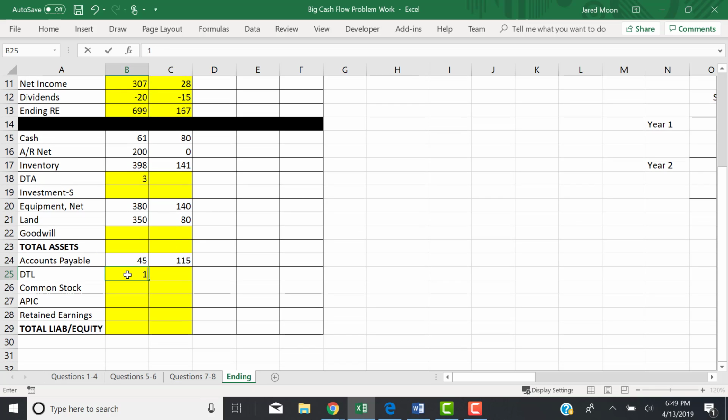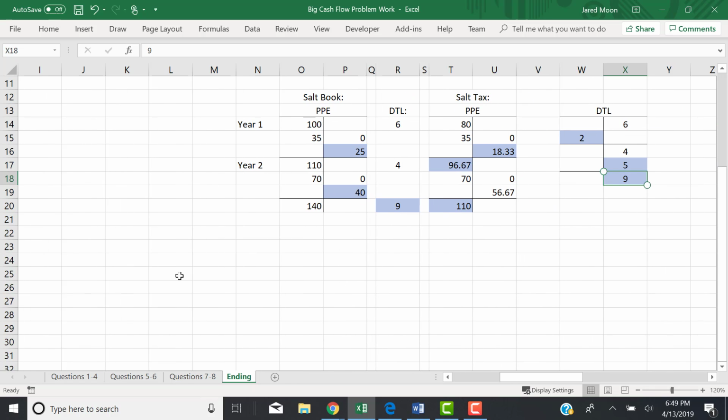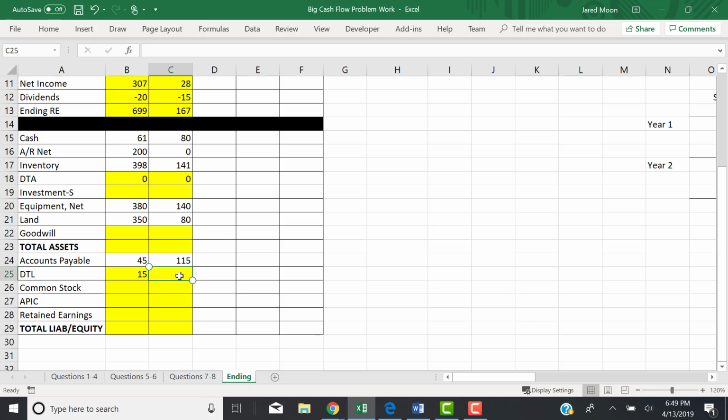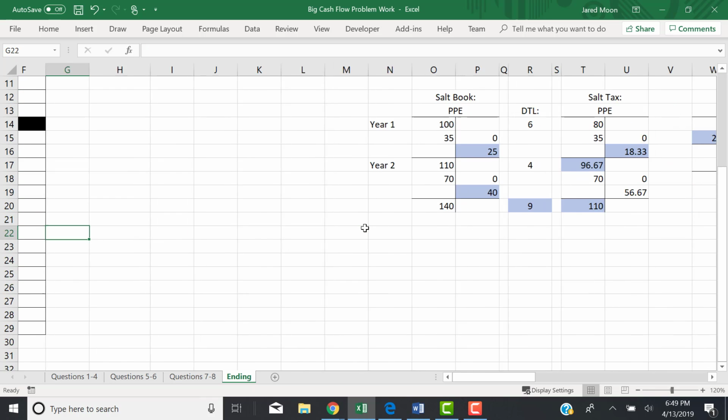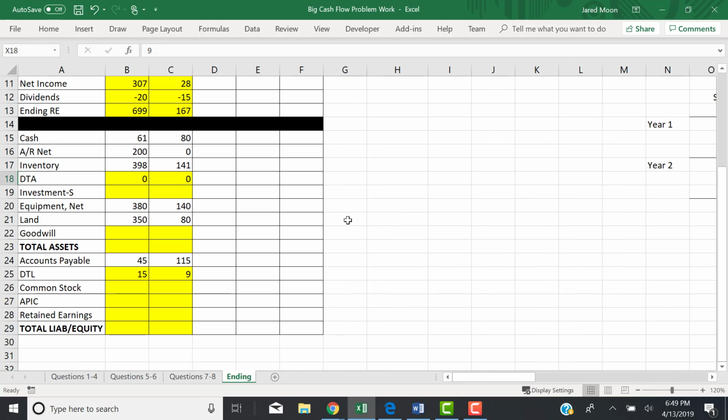So this 18 will become 15 and this 3 will become 0. There is no DTA for the sub, but there is a DTL of, how much was it? Let's look. It was 9. So we come over here and put 9. If you didn't see where I got that from, it was this part right here, the ending balance, 9. So those are the amounts that we put.